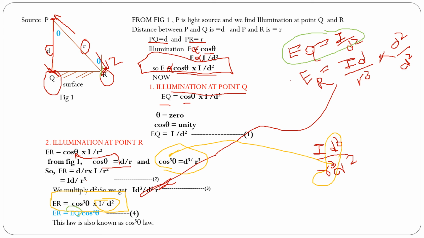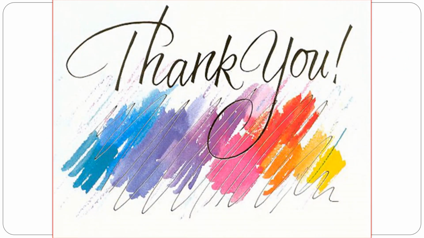So this equation number 4 states the cosine cube law, you can say Lambert's cosine law. So we prove that ER is equal to cos cube theta into EQ, that is, I by d square. Thank you very much.